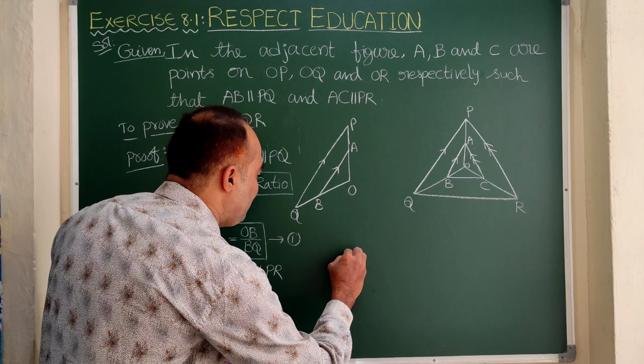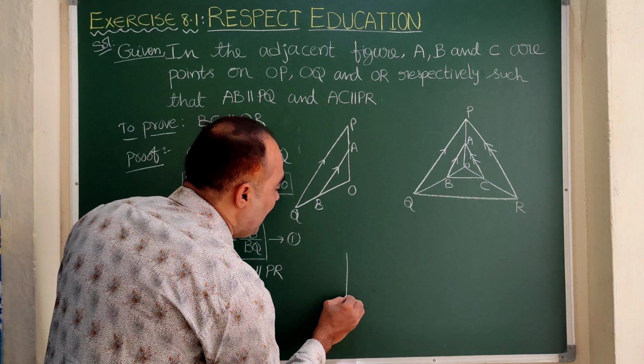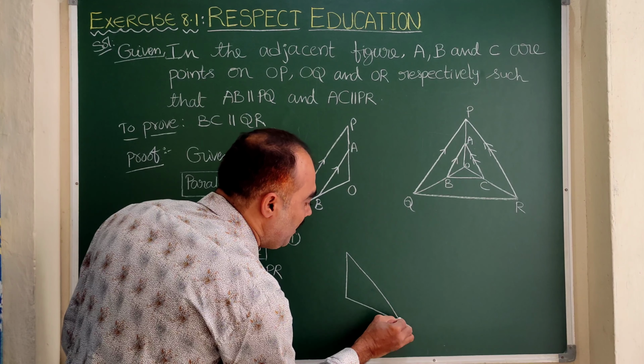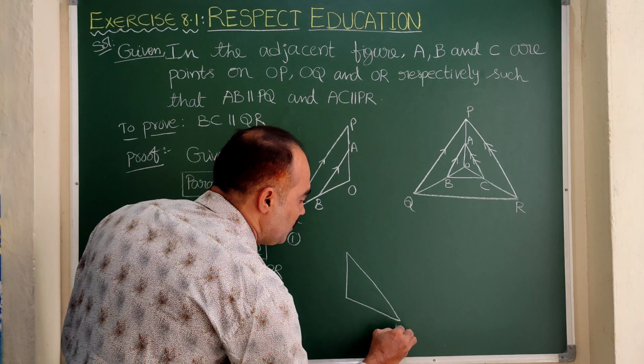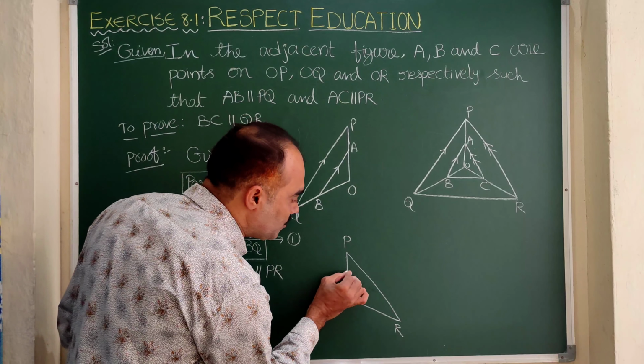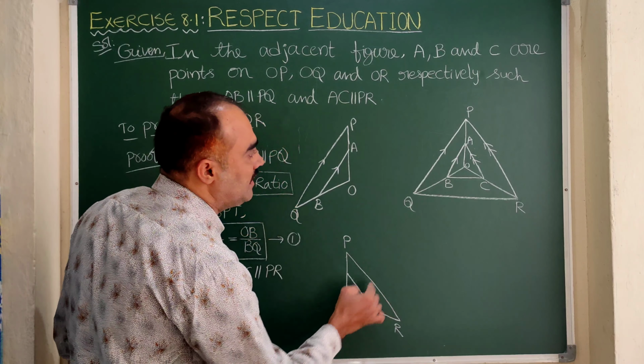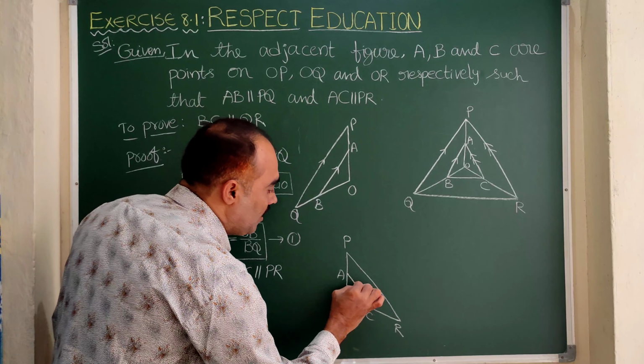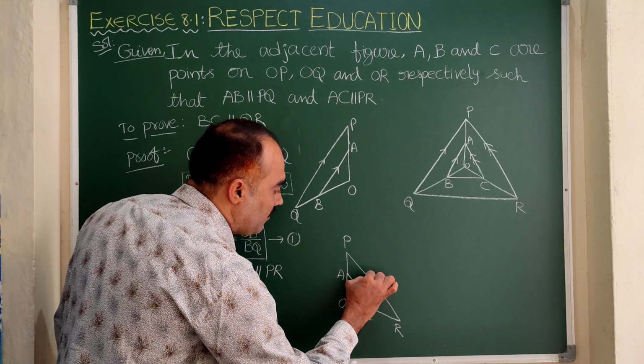So here I am drawing, this is OP and this is OR. If you join it, you will get PR. So this is R, this is P, this is O, in which AC parallel to PR. Let us consider this A, and C here. Now here these two are parallel.